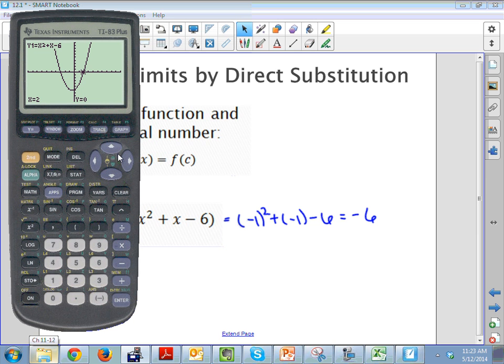Here's the graph, x squared plus x minus 6. We're at -1, and there's my coordinate, (-1, -6). As we approach along our function from the right of -1, and from the left of -1, we're getting arbitrarily close to that coordinate. So our limit is -6.